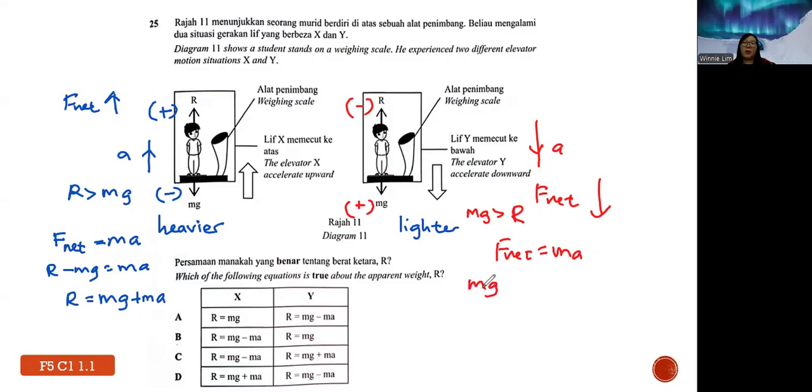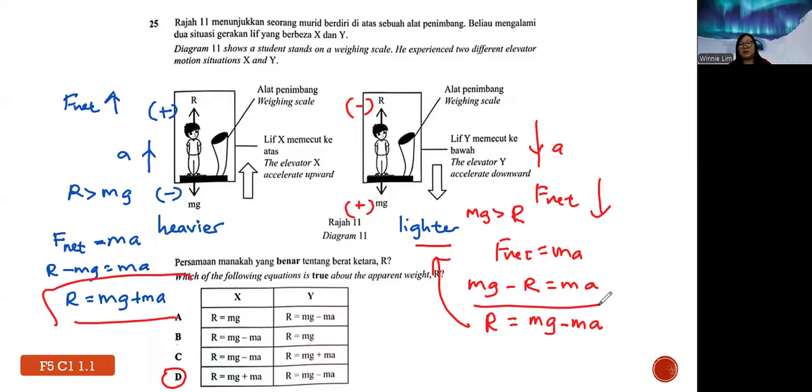That's why I will have mg minus R, not R minus mg, equals ma. Then R is generally what? mg minus ma. I feel lighter. Okay, so that's why the answer is D. But if you find it hard to form the equation, at least memorize these two equations.